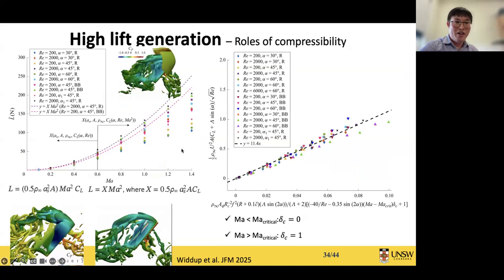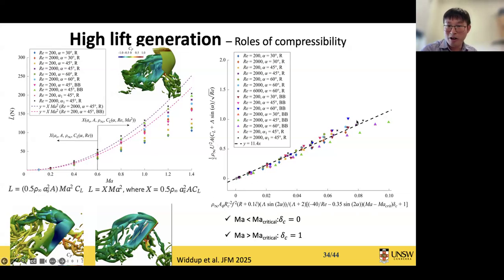Here we list the lift for all these cases. When the Mach number is less than 0.6, they follow the general rules we observed in incompressible flow. Beyond that, CL is dependent on Mach number, and the Mach number appears in the function when it is beyond 0.6. We organize the contributions of each term and develop a scaling law here.